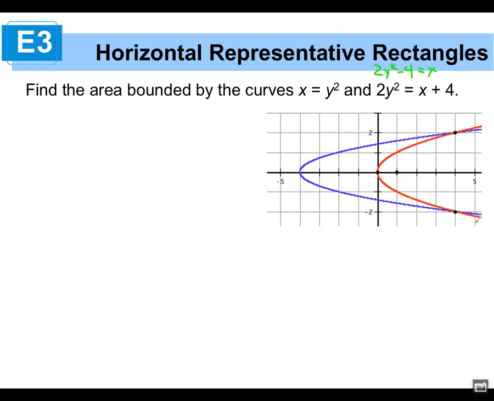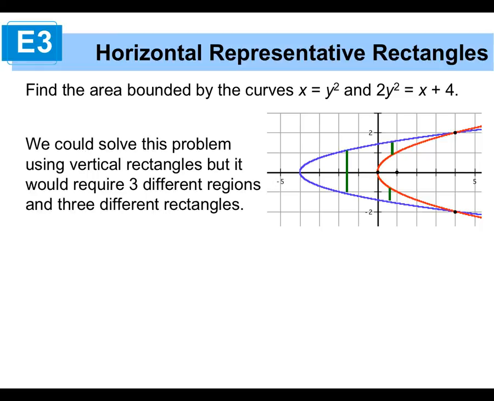There's a couple answers. Number one, if I solve for y in each of these functions, I get some ugly things that I don't really necessarily want to take the integral of. Or, more easily, if I do it using vertical rectangles, I need 3 different integrals to solve this problem. This one all the way to the left goes from blue to blue.